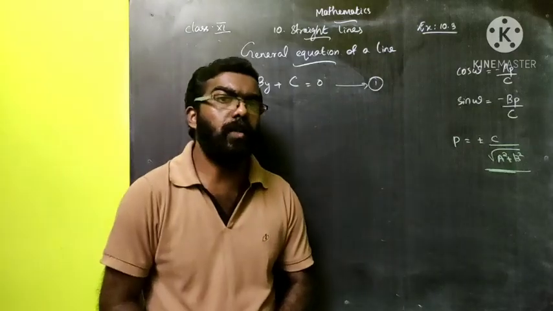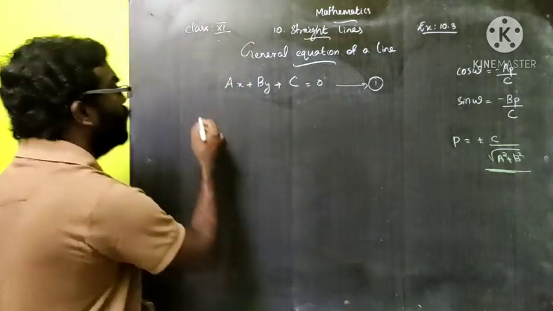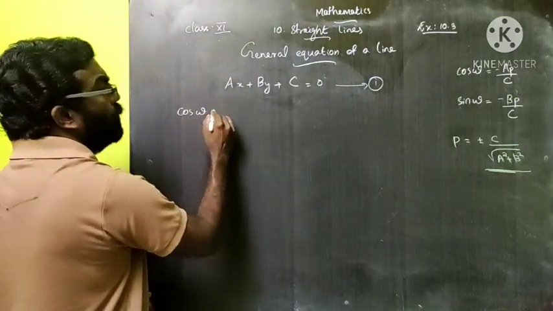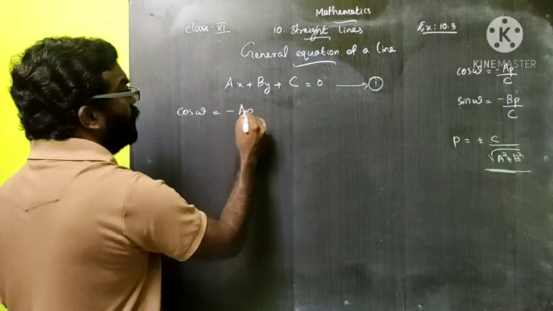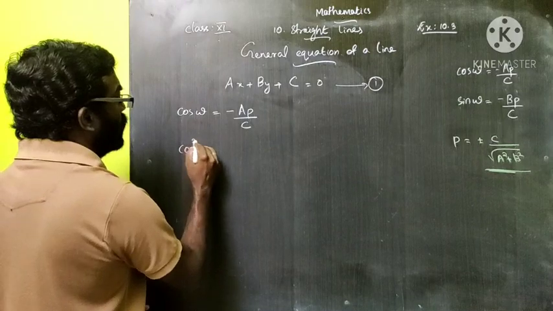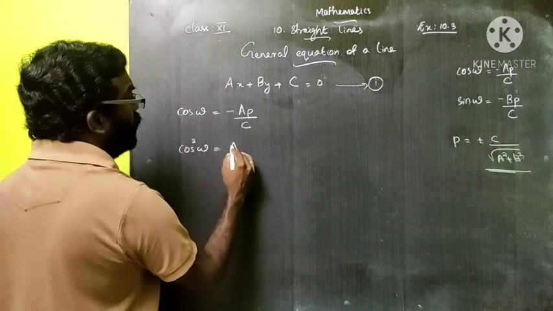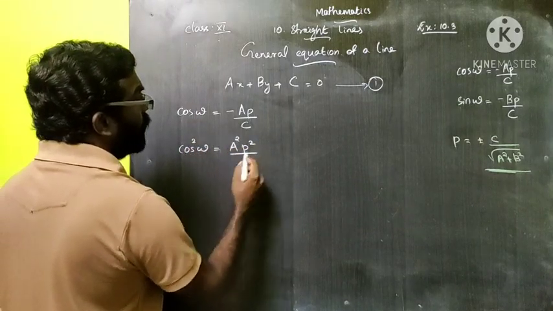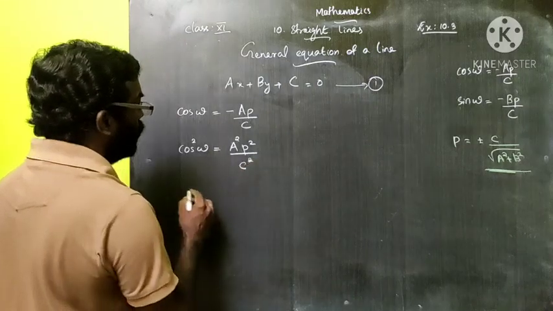Now we can find cos omega and sin omega. We have cos omega is equal to minus AP by C. First of all, we can square. Cos square omega is equal to A square P square divided by C square.